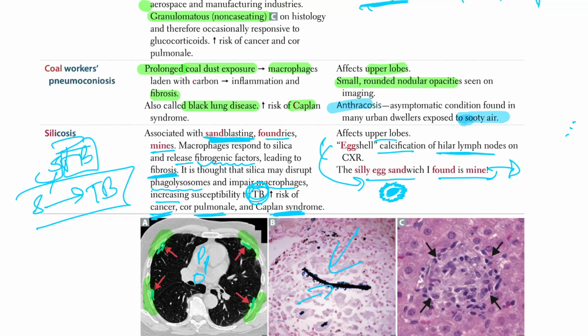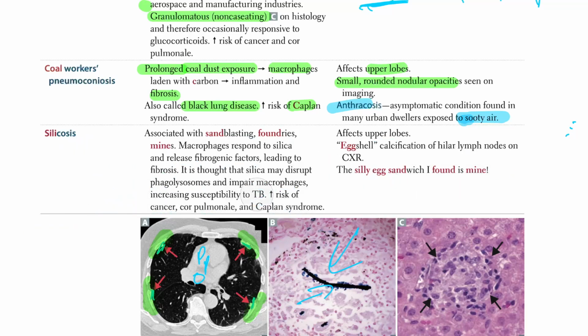Okay, so we are going to just highlight a couple more points here. One more thing is your signs and symptoms. Silicosis is going to present with dyspnea, productive cough, occurring years after initial exposure to the crystalline silica.